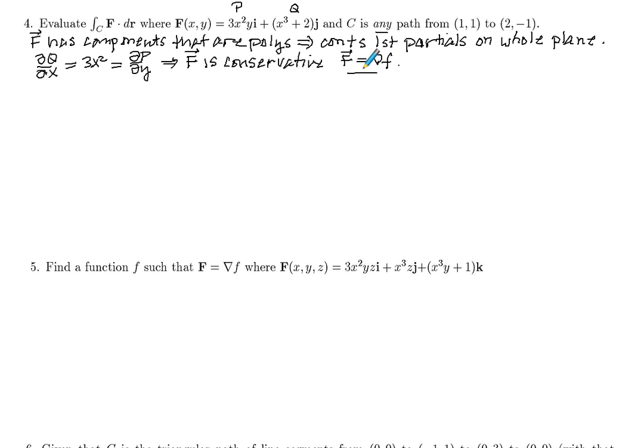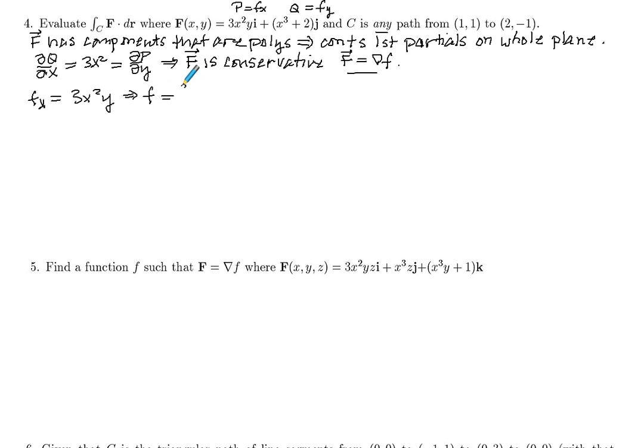So remember, we back integrate to do that. So our P is equal to f_x and our Q is equal to f_y. And then we back integrate. So if f_x is 3x squared y, then our f, we do the integral with respect to x, because we want to undo that x derivative.